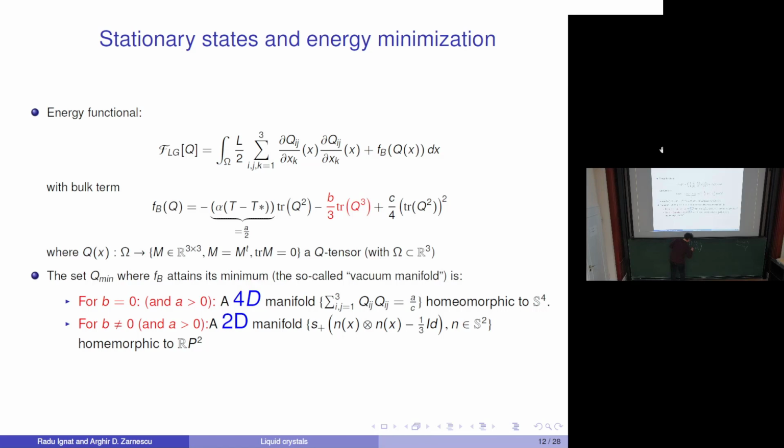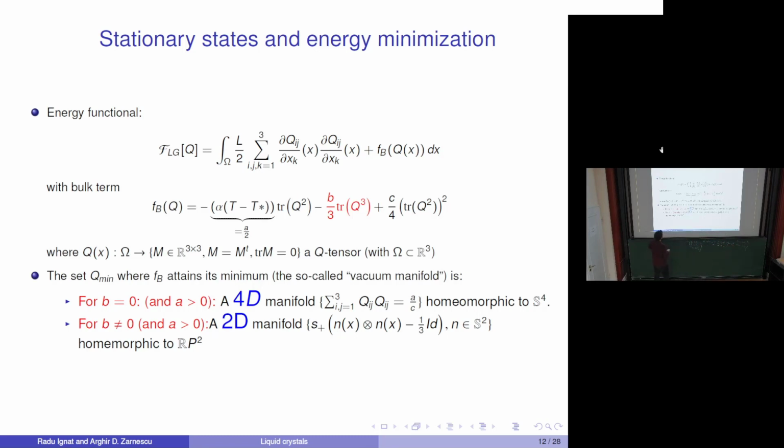So when I write trace of Q squared, this comes as twice Q1 squared plus Q2 squared plus Q3 squared plus Q4 squared plus Q5 squared is equal to a constant. Positive one, fortunately. So this is really 4-dimensional.